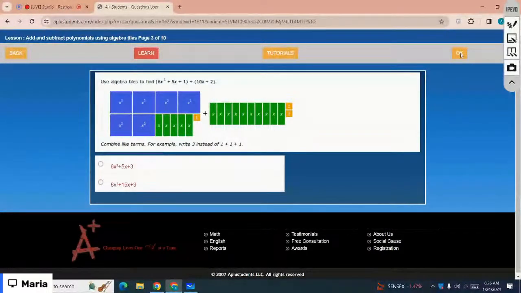Use algebra tiles to find 6x square plus 5x plus 1, and you have to add now, right? You have to count the matching tiles together. Got it? So which is the correct option?